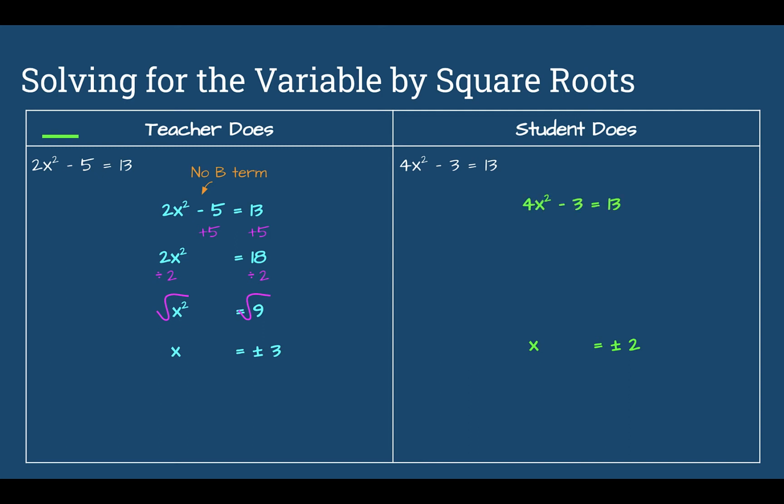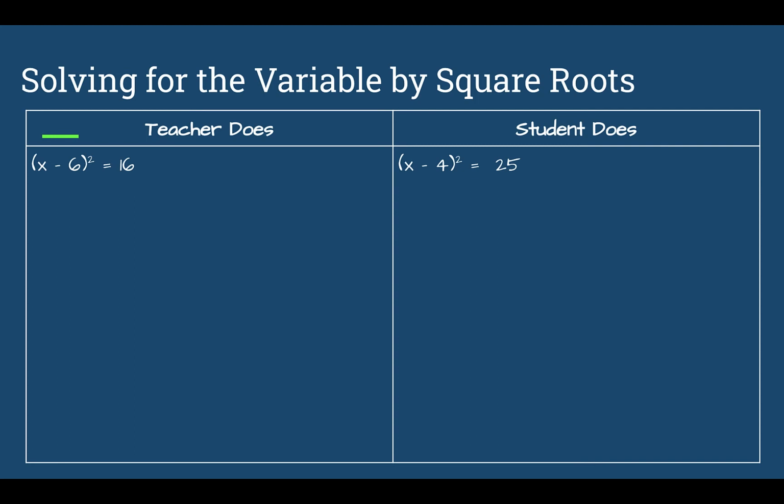If we take our original equation and begin solving for x squared, we add 3 to both sides, then divide by 4. Then we're left with our x squared by itself equals 4. So last step, take the square root. X is equal to plus or minus 2.